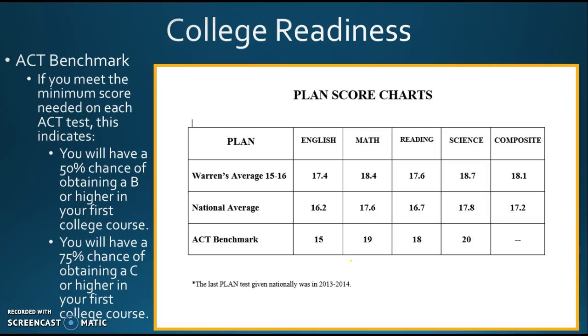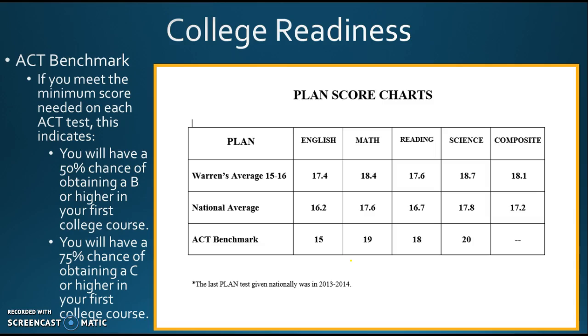What do the college readiness benchmarks tell us? If you are at or above the ACT benchmark at this point in your sophomore year, that means you are on track to be successful once you get to college. The minimum ACT benchmark score tells us that if you are at or above the benchmark, this indicates you will have a 50% chance of obtaining a B or higher in your first college course in that specific subject.